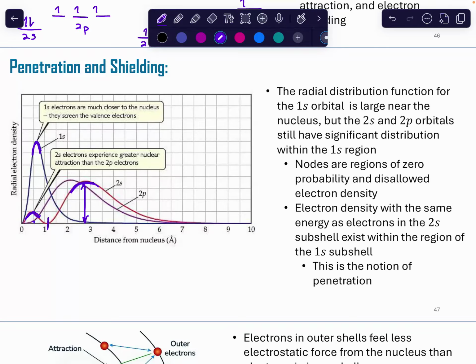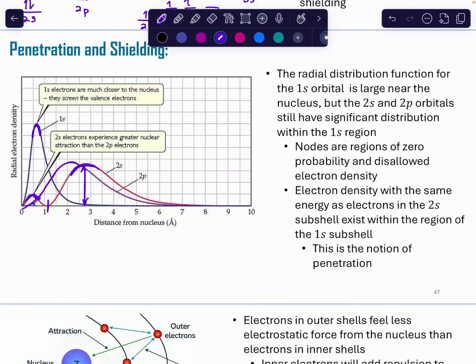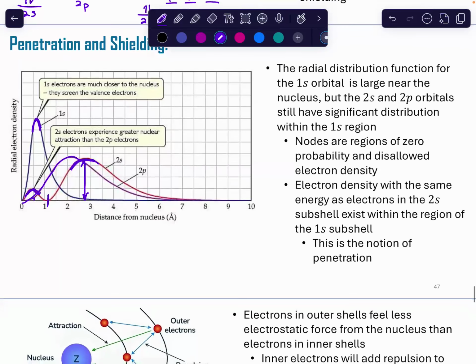And again, for the 2p, like 2p is your first level of p, you only see the one arc, but it's going to have some electron density within both the 1s and 2s region. So there is going to be electron penetration into the lower energy shells, given the fact that there are nodes where it's quantumly forbidden for electrons to be, and so you'll have zero electron probability density at the nodes.